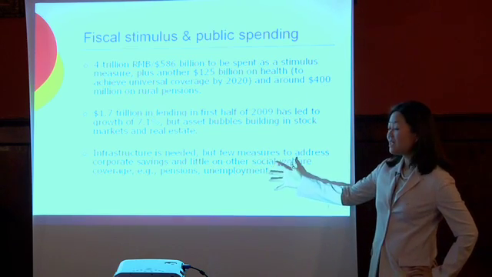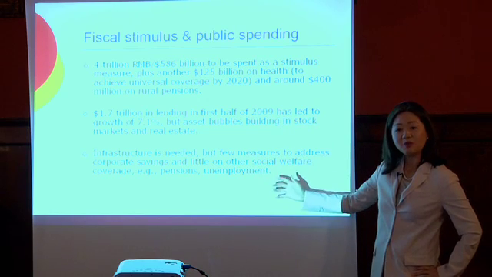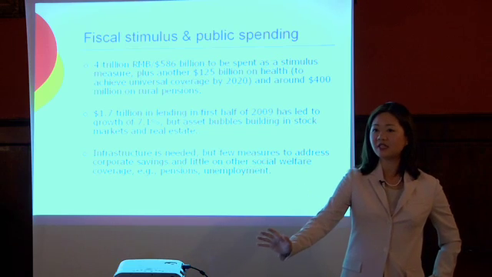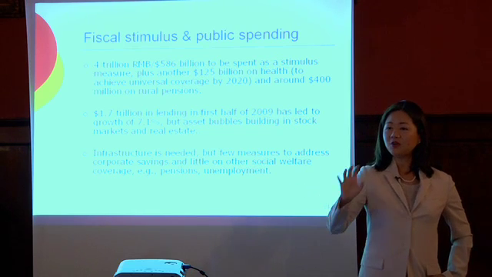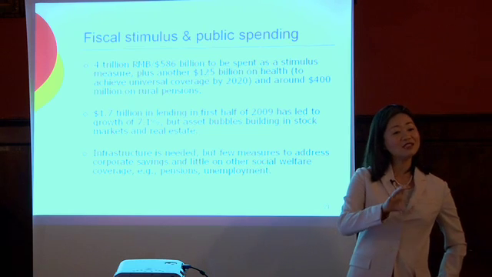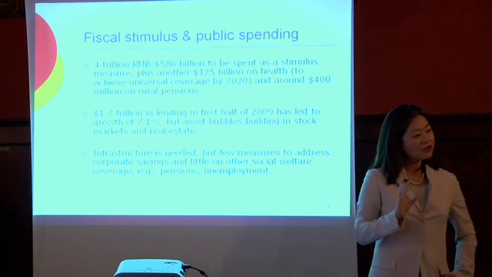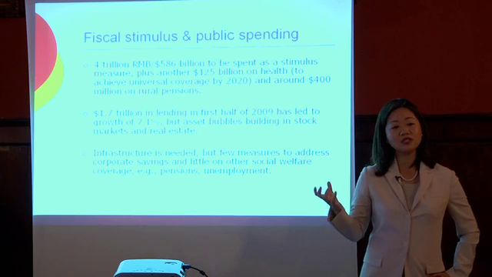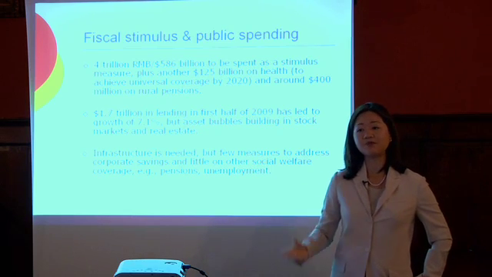In terms of what this money is to be spent on, most of it is on infrastructure, which is needed. But if the worry is that Chinese consumption has fallen and can sustain domestic demand, then arguably too little is spent on social spending, reducing social insecurities to boost consumption.